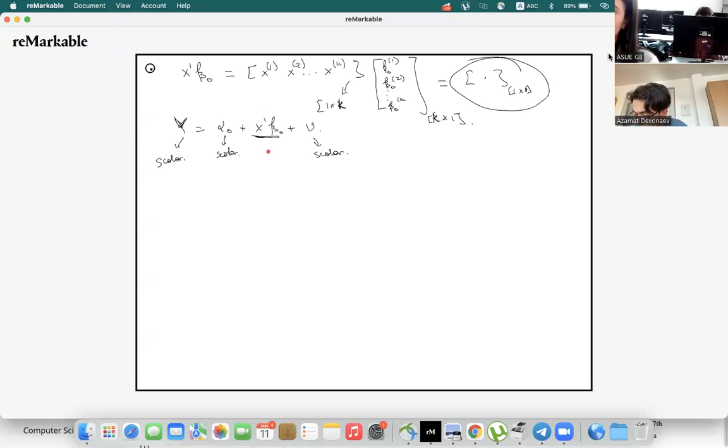So these two things also become scalar. So there is no problem in consistency in the matrix form, right? This is basically it.